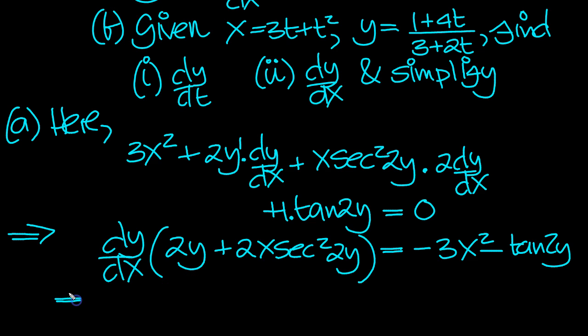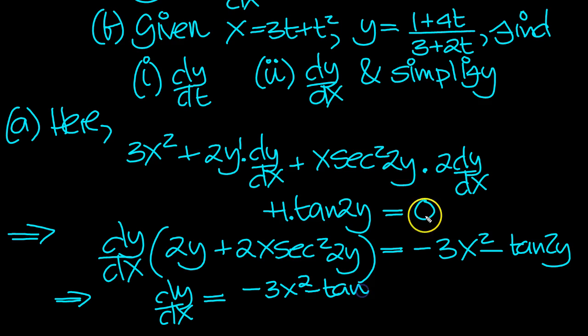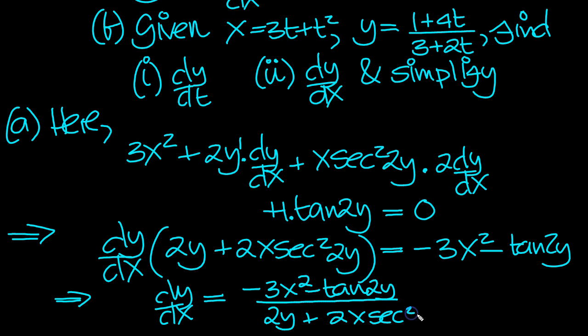So that tells us what dy/dx equals. It will be this stuff here, if I can just try and write it a bit better. Minus 3x squared minus tan 2y, there it is, divided by, I move this from times now down to divide, 2y plus 2x sec squared 2y. Put a bracket around it.